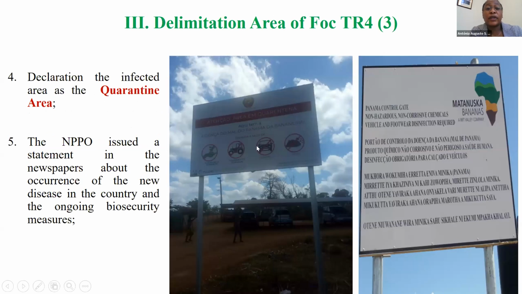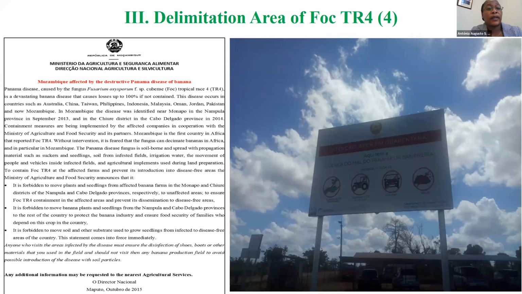This part is showing the declaration that this area is a quarantine area, and the information we are also publishing in the newspaper about the occurrence of the new disease in the country and the ongoing biosecurity measures. This is the information that we are showing in the newspaper.